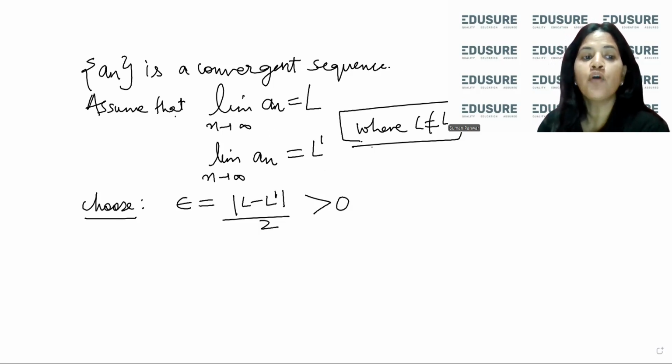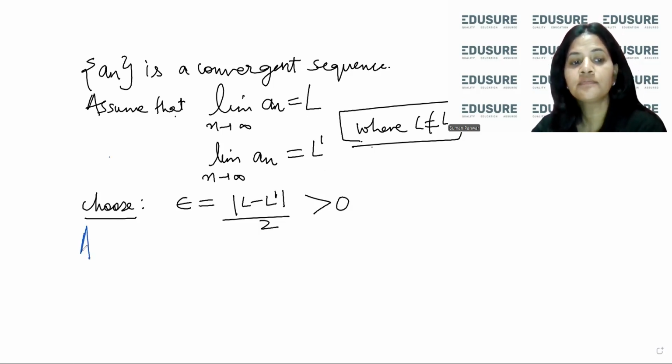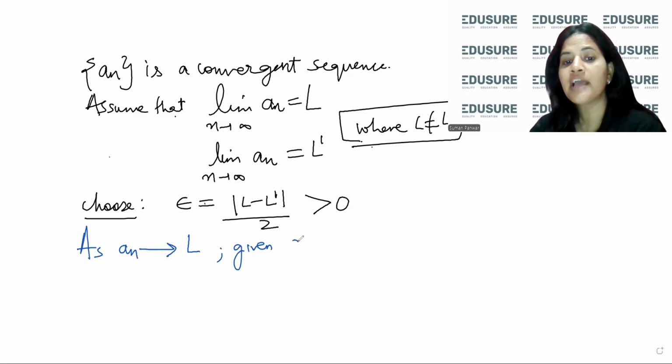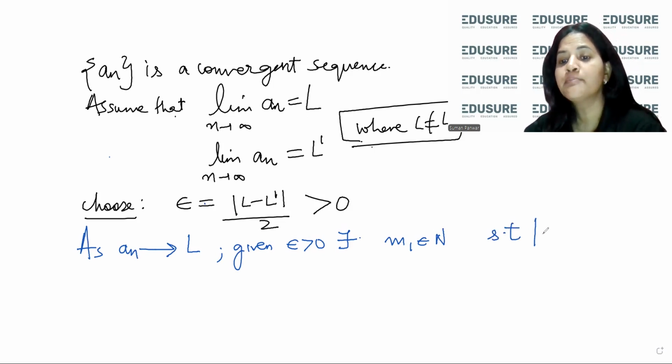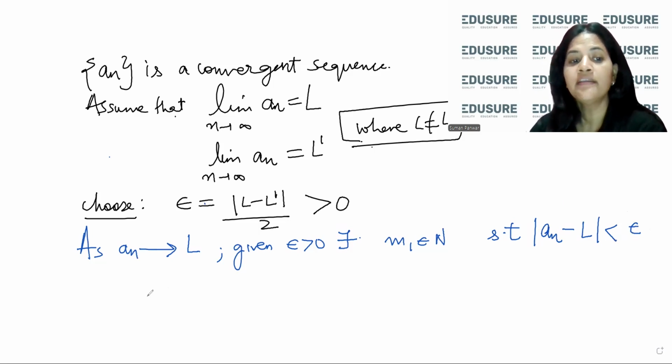Now what have we done, as per the definition of a convergent sequence? As a_n converges to L, given this epsilon positive, there exists an M1 belonging to the set of natural numbers such that the distance |a_n - L| is less than epsilon.